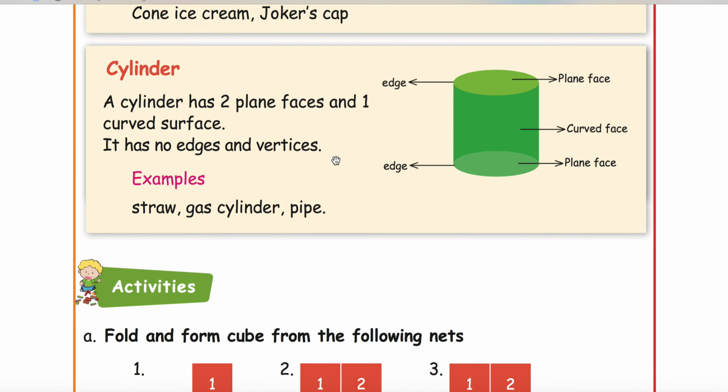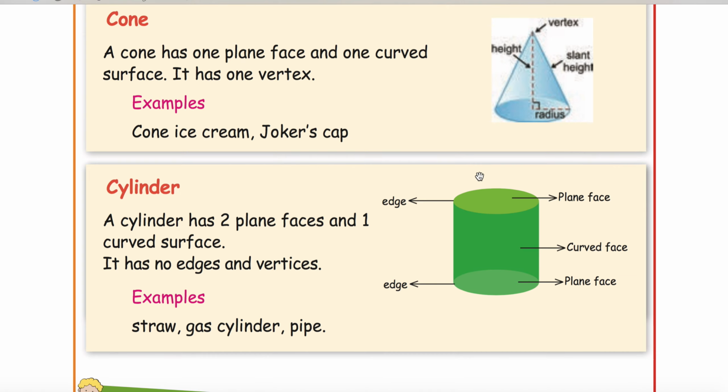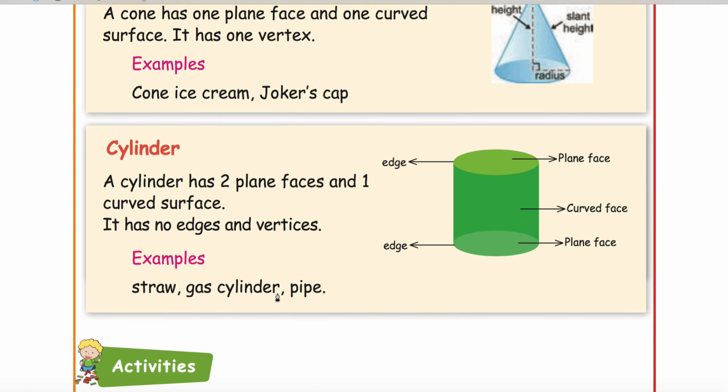Cylinder has two plane faces and one curved surface. These two are plane faces and this one is curved. Examples: straw, gas cylinder, pipe.